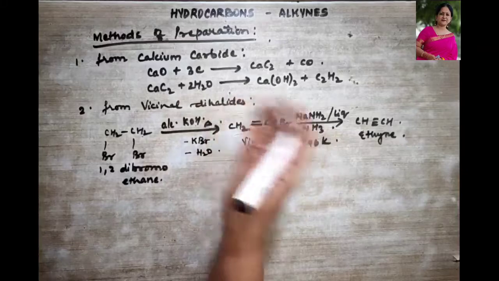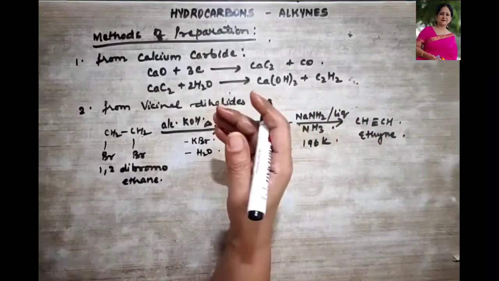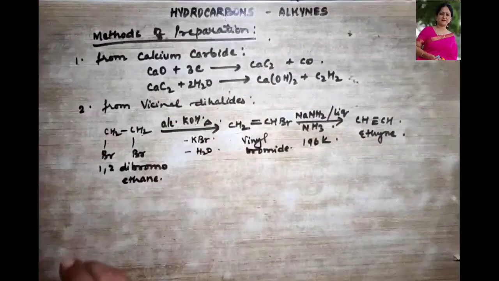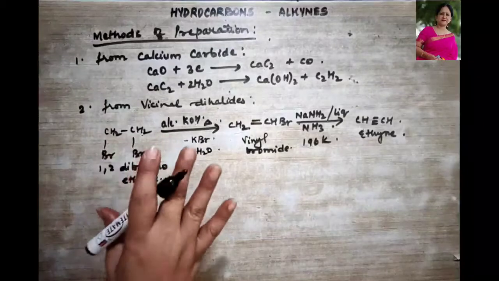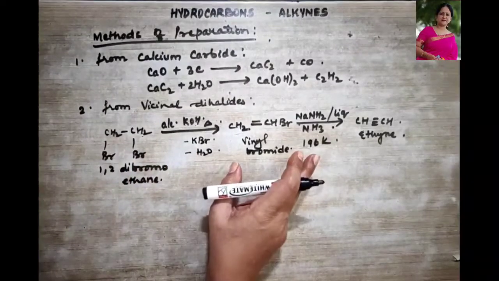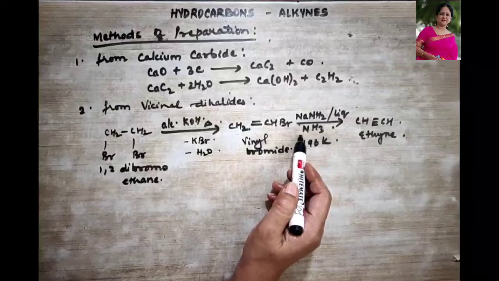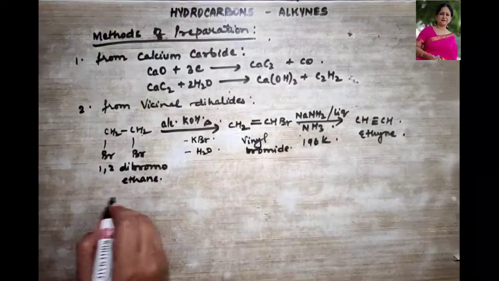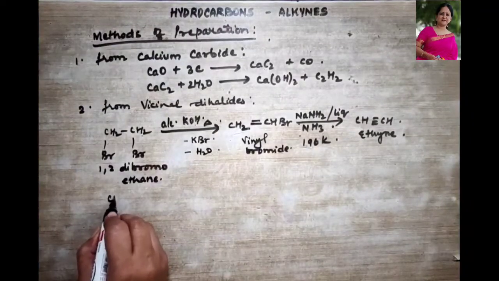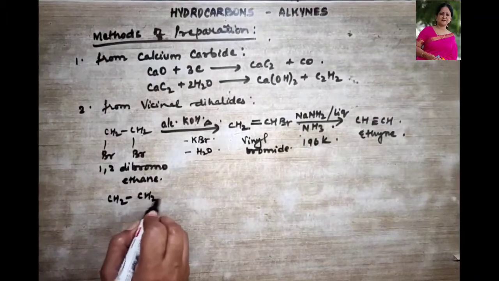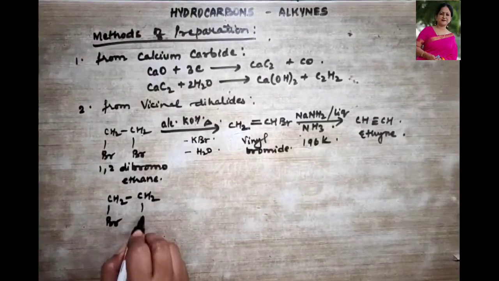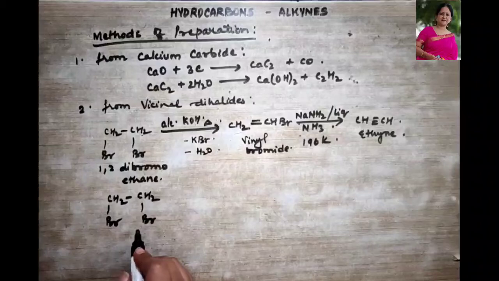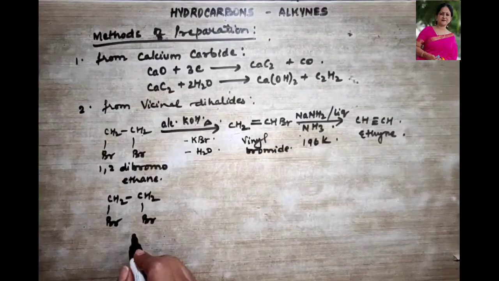Now, instead of carrying out the dehydrohalogenation reaction in 2 steps, the reaction can be carried out in a single step with the help of NaNH2 in liquid ammonia. For example, we can see it like this: CH2Br-CH2Br, what is this? 1,2-dibromoethane.